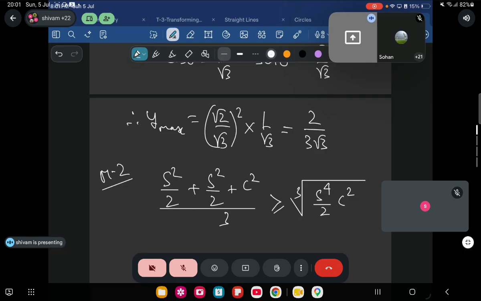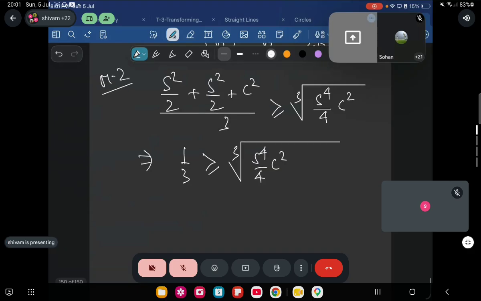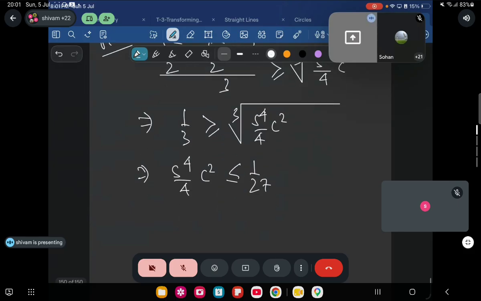So on the left hand side, what have we got? 1 by 2, 1 by 3, right? 1 by 3 is greater than or equal to the cube root of sin to the power 4 by 4 into cos square. Cubing both sides, sin to the power 4 by 4 into cos square is less than or equal to 1 by 27, right?